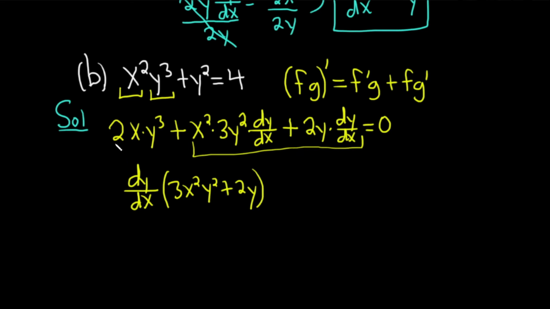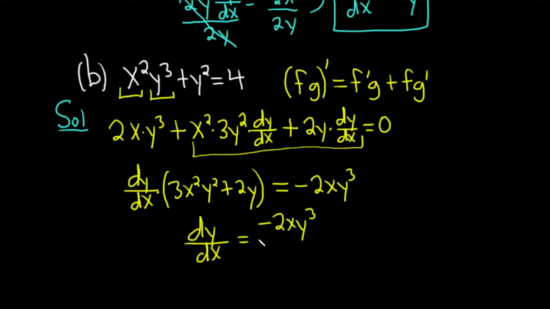And then this term here, 2x y cubed, we're going to bring it to the other side, so it will become negative. We get negative 2x y cubed. Since dy/dx is being multiplied by this huge expression, we're going to simply divide by it. So we have dy/dx equals negative 2x y cubed divided by that huge expression, which is 3x squared y squared plus 2y.